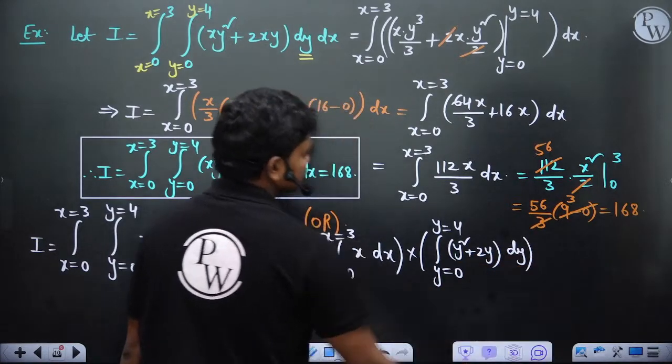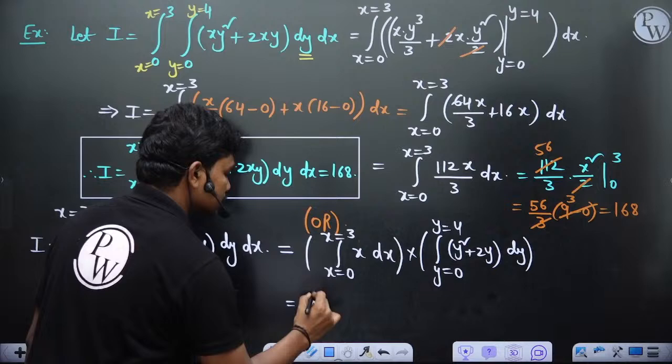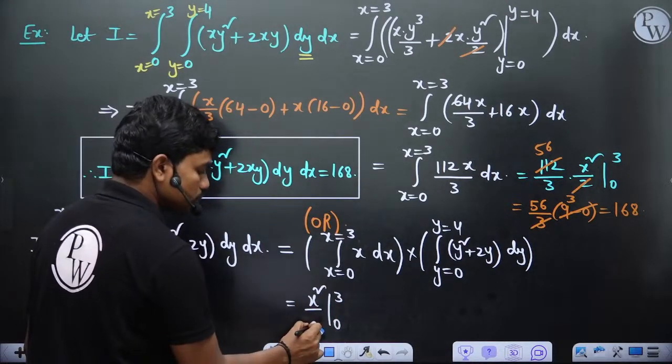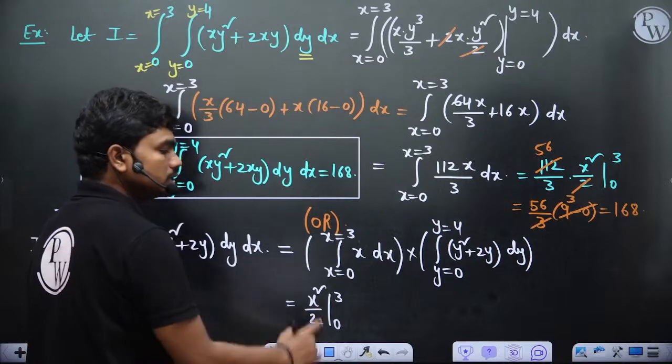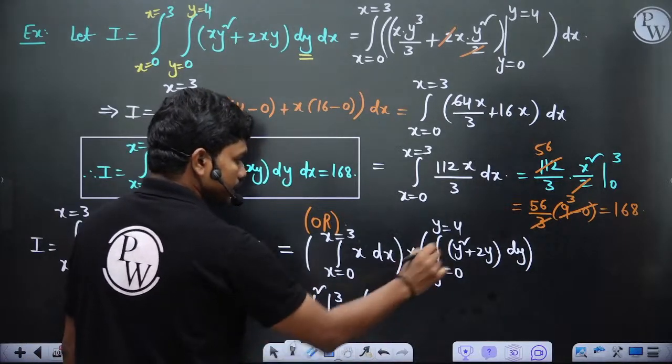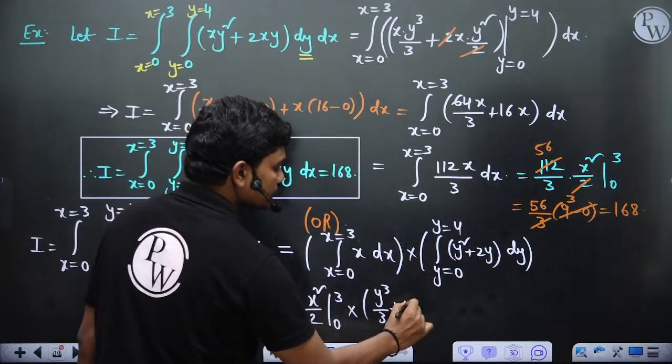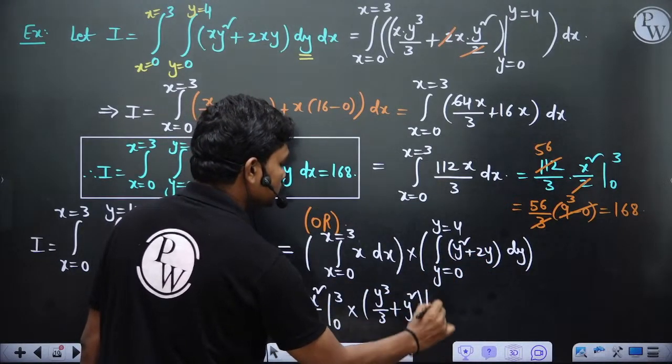So what is the integration of this? x square by 2 within the limits 0 to 3, multiplied with the integration of this, y cube by 3 plus y square, within the limits 0 to 4.